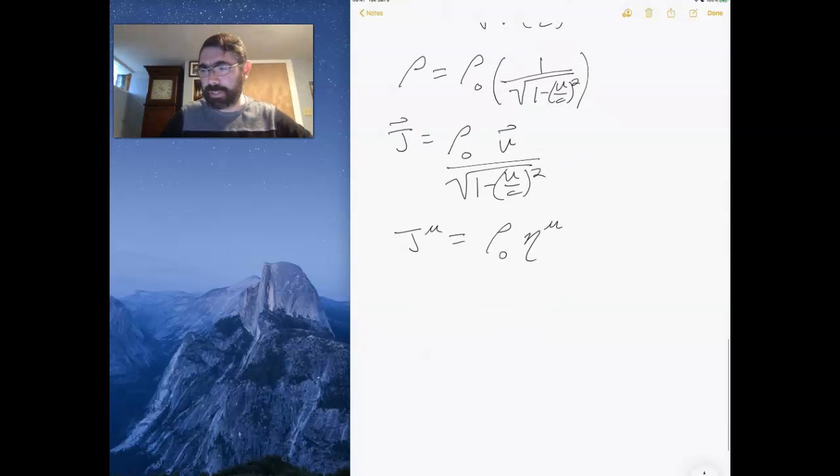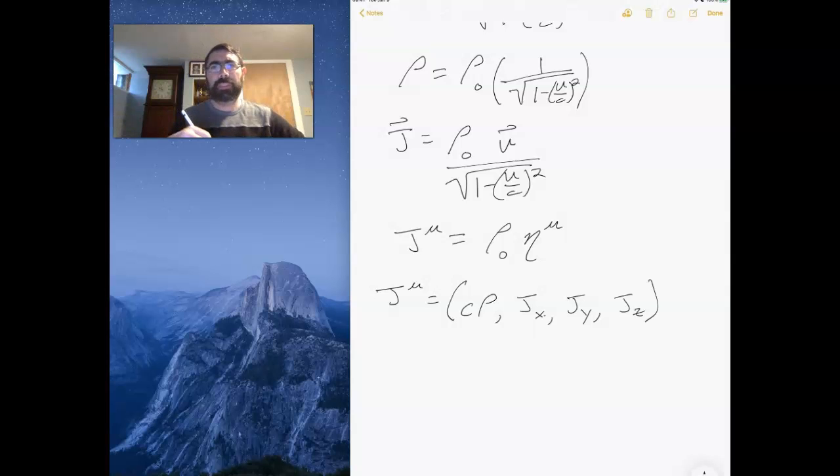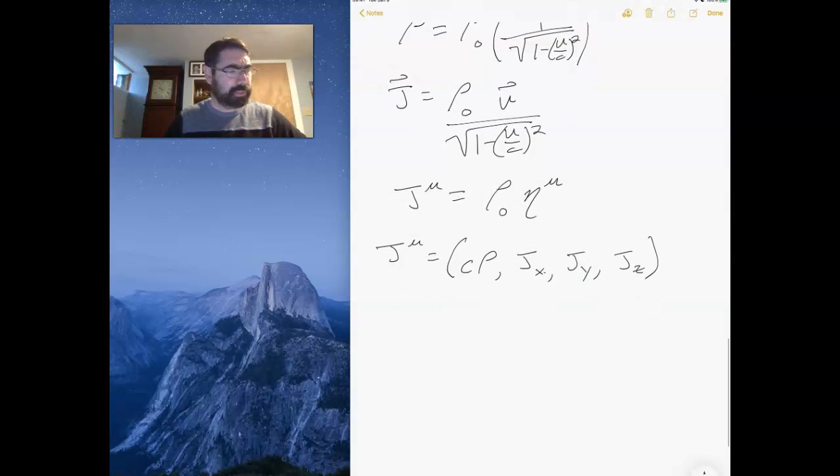If I do that, then my current is now a 4 vector, like I said before. The time component is the speed of light times the charge density, and the spatial components are just the x, y, z components of the standard current density. Which means I can now write down my continuity equation.